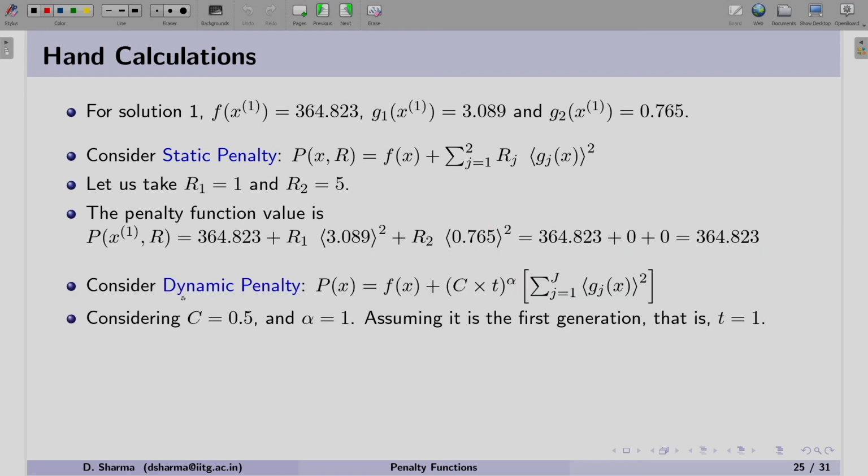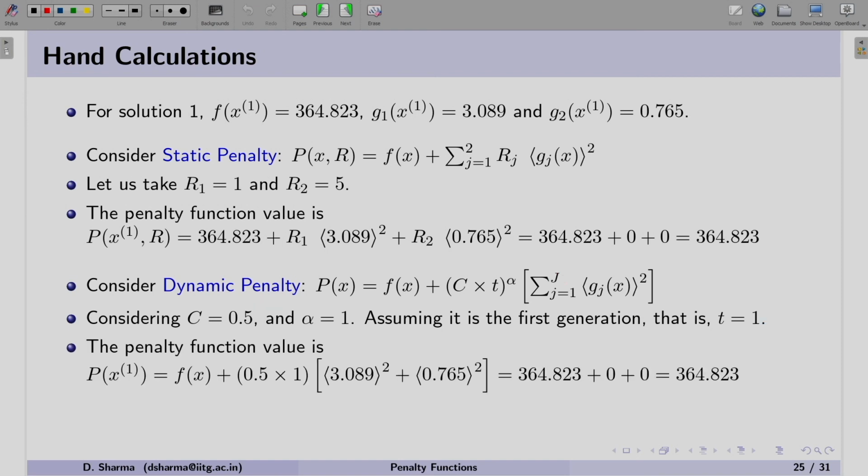Let us take the dynamic penalty now. In the dynamic penalty, we have the objective function plus a factor which changes with respect to the generation number, and then a summation over the inequality constraints. Since we have 2, this should run for 2 only. Now, considering c equals 0.5 as we found in the previous slide, alpha equals 1, and let us assume that it is generation number 1.